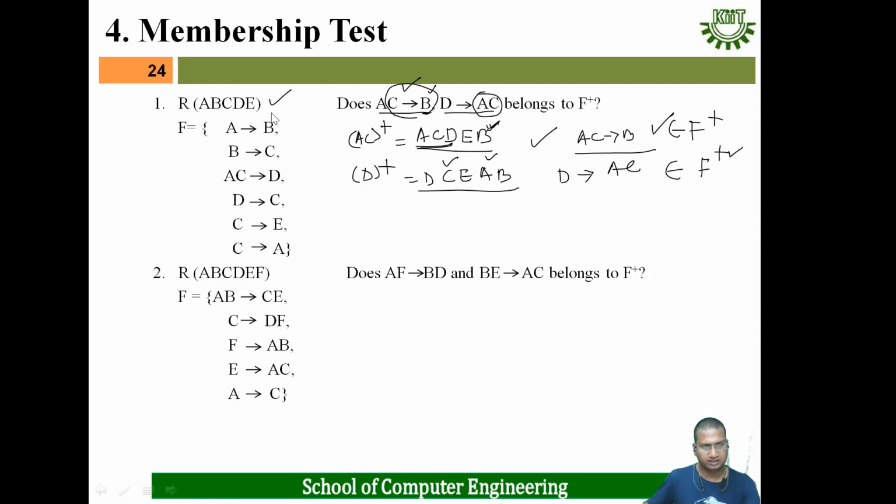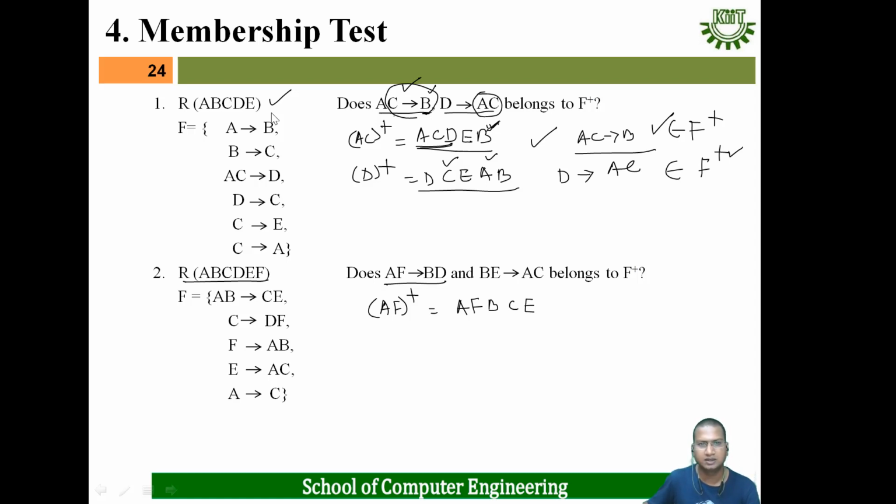In this case, suppose one relation R(A, B, C, D, E, F) is present and the functional dependency set is given. Then is AF determining BD a member of F closure? How to find that out? First, find out AF closure. AF closure will be AF. Then F can derive AB, B. Then from AB we can derive CE.